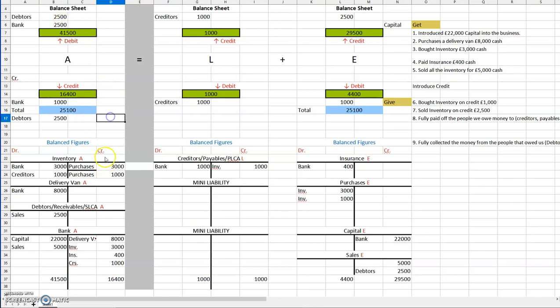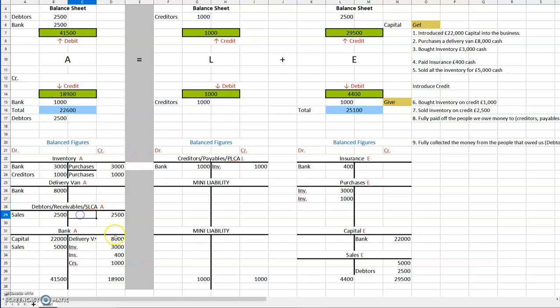Now, so therefore, how do we do that? Well, if we look at debit and credit terms, there's an asset, the debtors go down, so therefore we will credit the debtors and we will debit the bank. Okay, so we want these people to pay us off, so what we'll do is we'll go here. This is debit, this is credit, the debtors are going down, so we go over here, 2.5 like that.